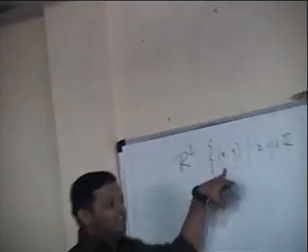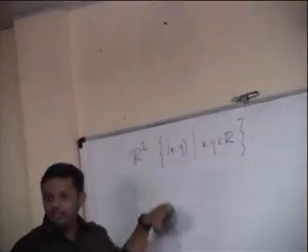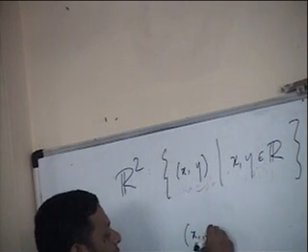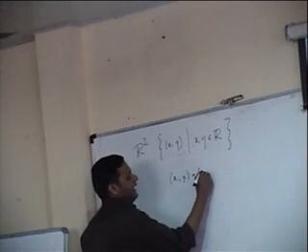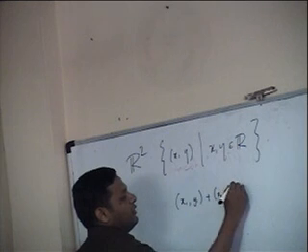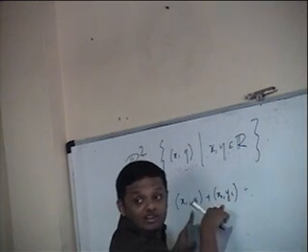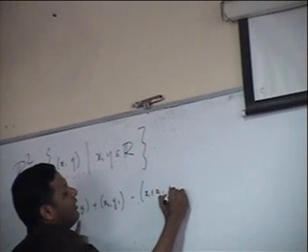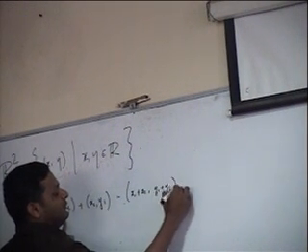Now on this set we can define an addition, which is defined as follows. If you have (x1, y1) and (x2, y2), we can add them component wise. It's (x1 plus x2, y1 plus y2).